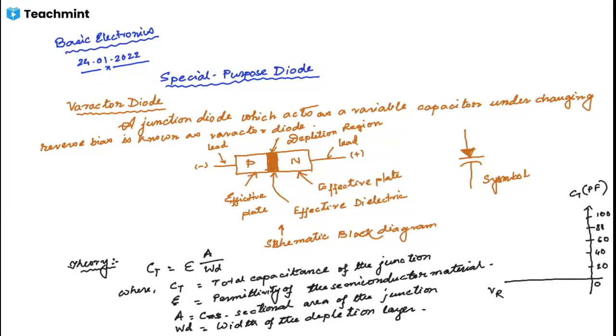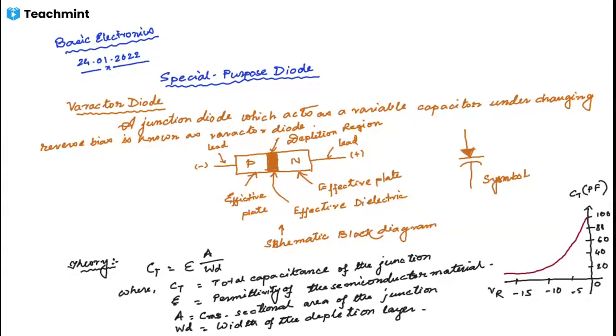Now the variable resistance will be, this is minus 15, this is minus 10, and this is minus 5. So now the graph will look like this.